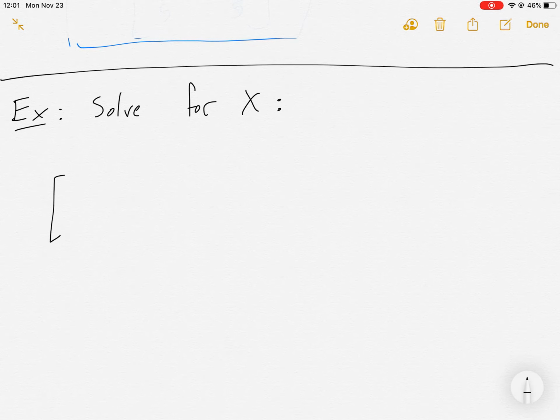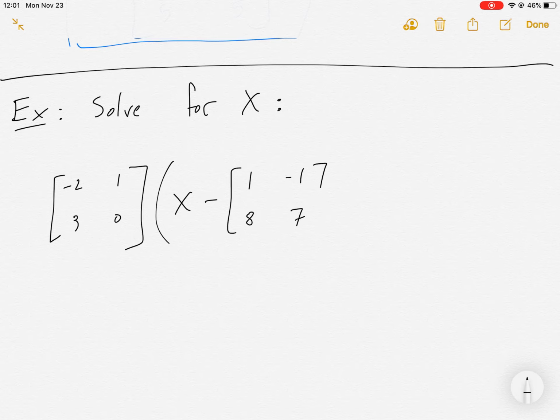We have the matrix -2, 1, 3, 0 times the matrix x minus the matrix 1, -1, 8, 7. And then all of that is going to equal -20, -1, 12, and -6.